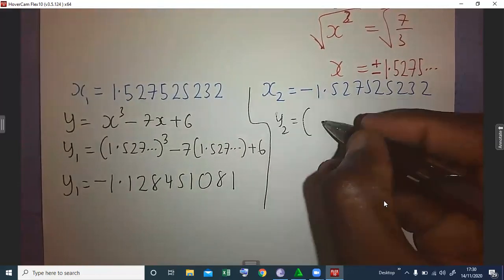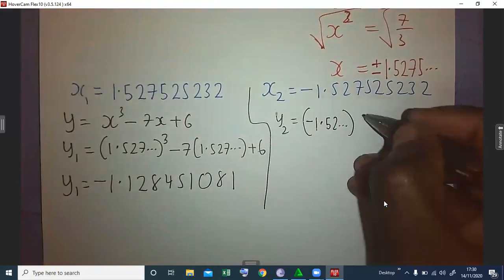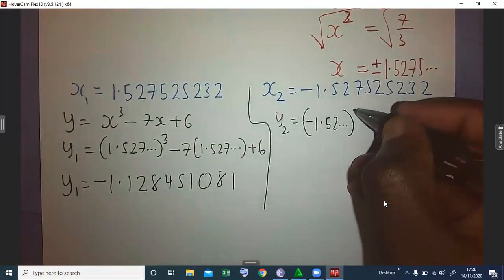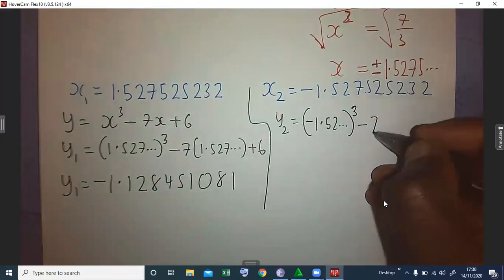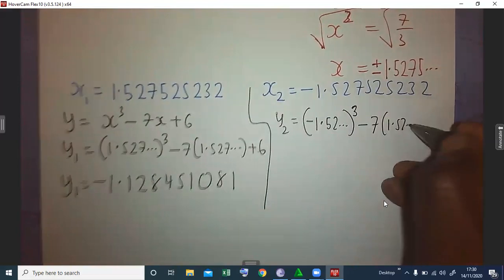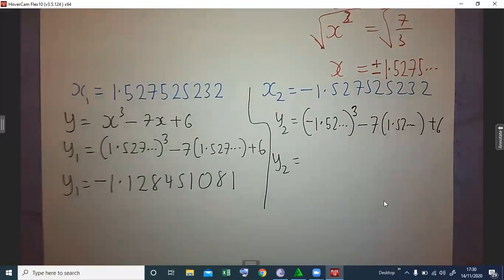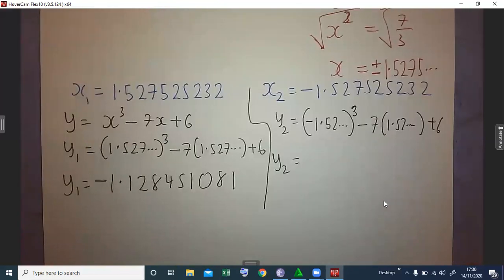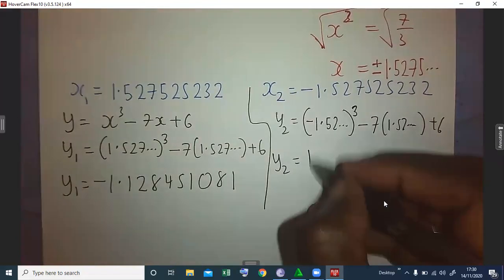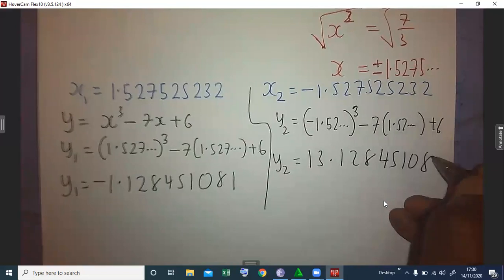I do the same for y2. I will substitute the negative 1.5 value, power 3, in the original function, and then minus 7 times 1.52, then plus 6. Then I keep my calculator and I get my final value, and it will be 13.1284510.